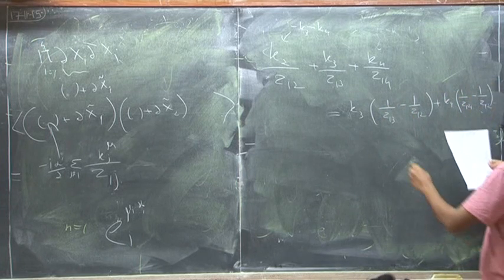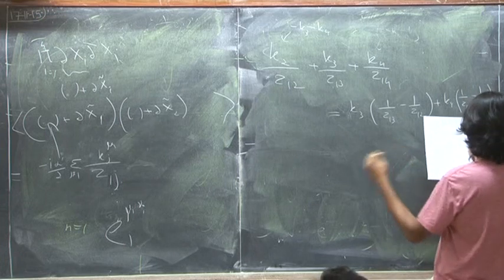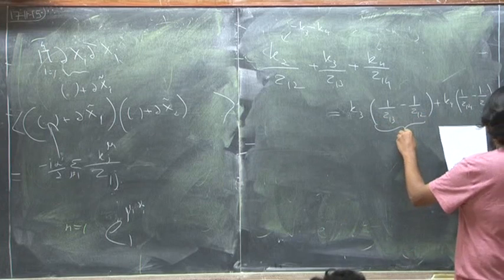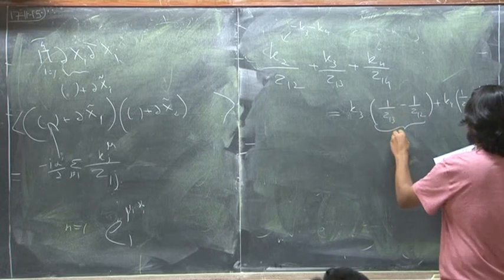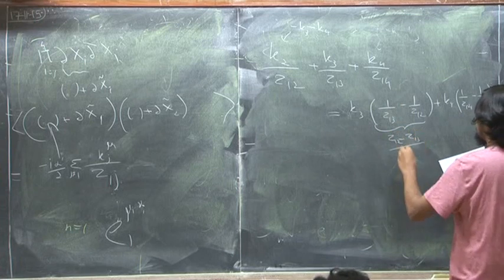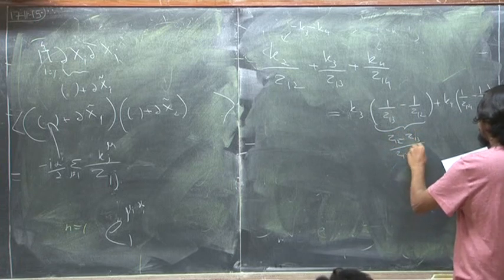And then we can rewrite this as Z12 minus Z13 by Z13 Z12.